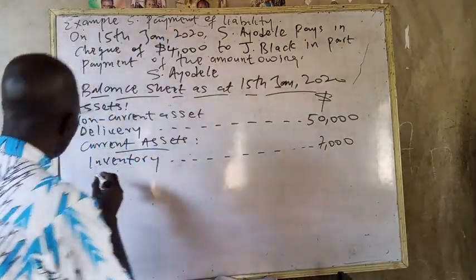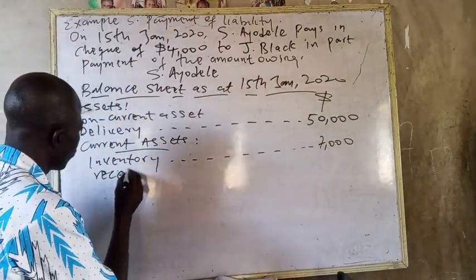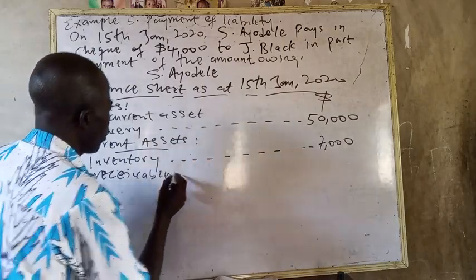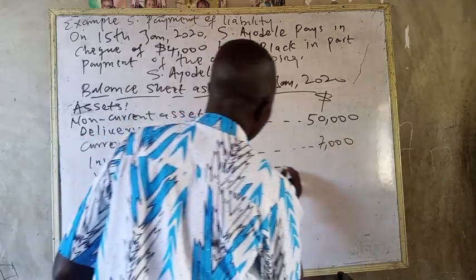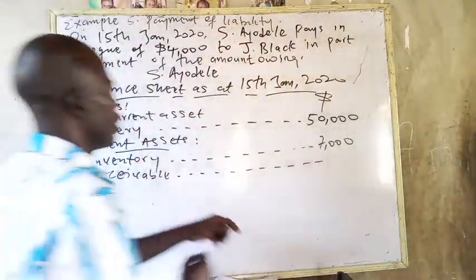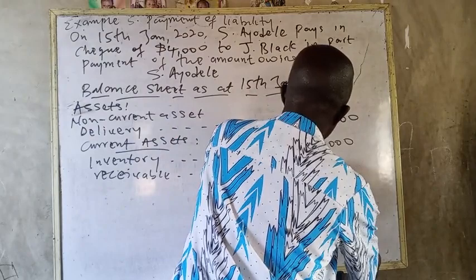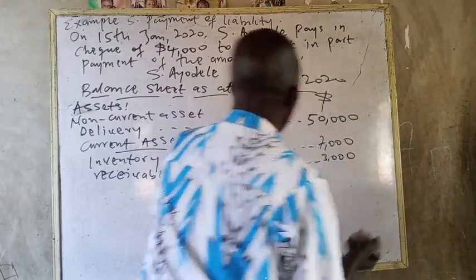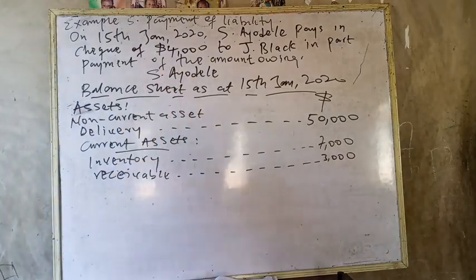You go to receivables. Another name for receivable is debtor. Another name for inventory is stock. What's receivable? That we have not received from our customer. That is 3,000.